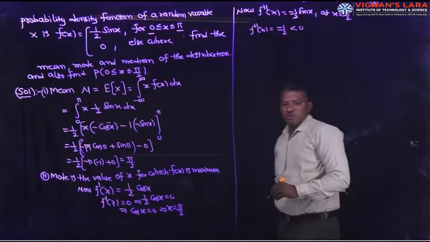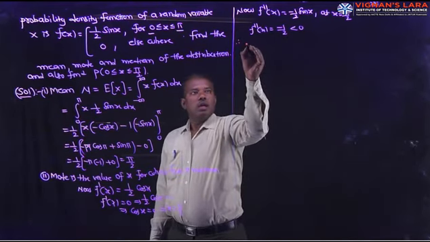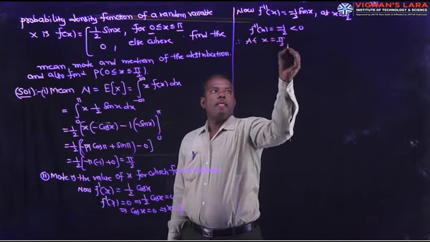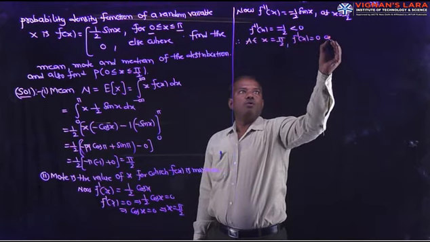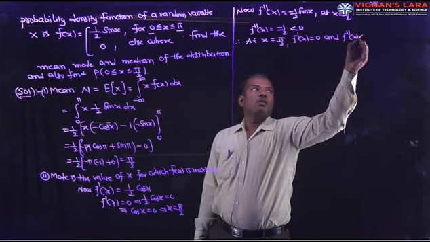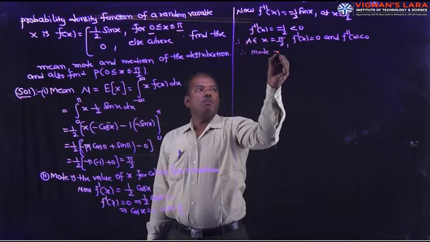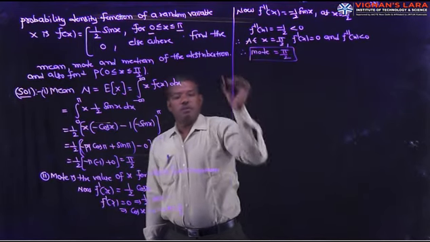So at x equal to pi by 2, f dash of x equal to 0 and f double dash of x is negative. Therefore, mode is equal to pi by 2.